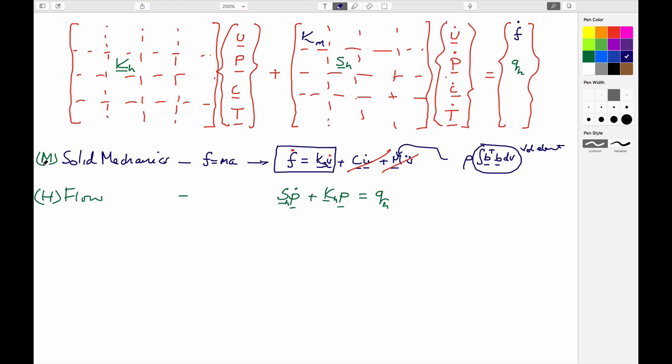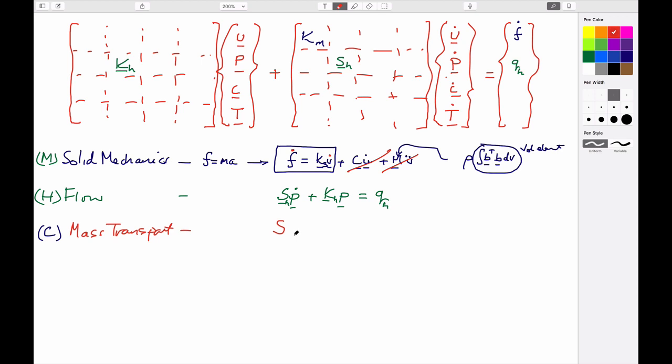So mechanical behavior, hydraulic behavior, and the contaminant transport part, maybe in a different color, mass transport. It's going to be very similar. So maybe this should be a capacitance matrix.